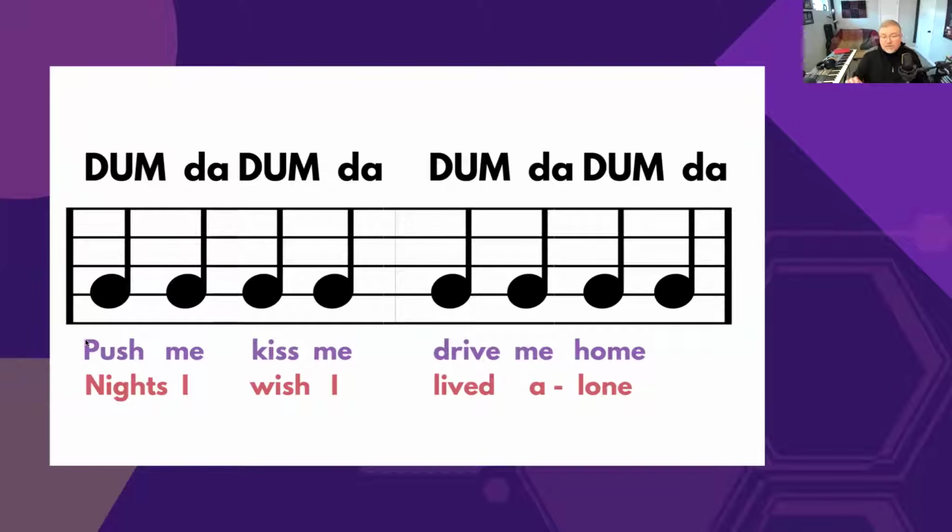So you could have push me, kiss me, drive me home as 1 measure, and then your couplet happens in 2 measures, but the math still works. It depends on how quickly you're moving through the measure. But this is why tetrameter couplets are so common: they fit very nicely into 2 bars, so you can create an 8-bar section with 2 sets of couplets.